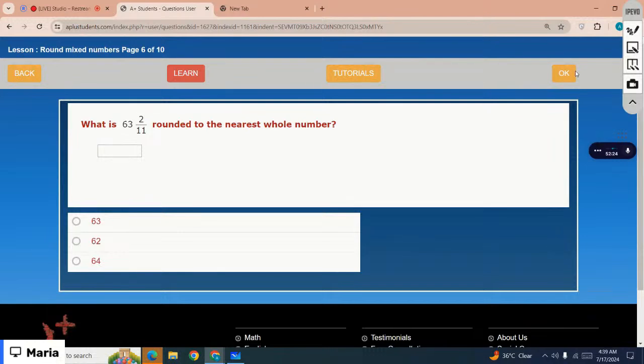The correct option is 63, because 2 by 11 is less than half, so it would be rounded off to 63.